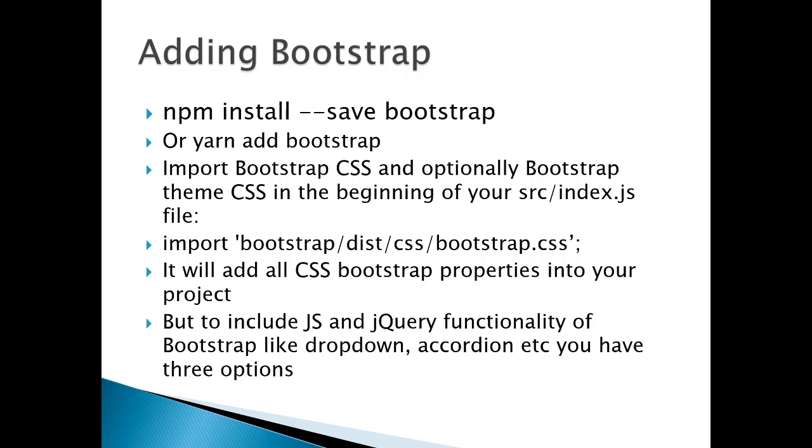But keep in mind, as in Angular, we also find difficulty using the JS and jQuery functions of Bootstrap. To implement jQuery and JS functions, we cannot use bootstrap.js, jQuery.js or popper.js. For components such as dropdowns, accordions or carousels, we have to go to different options.